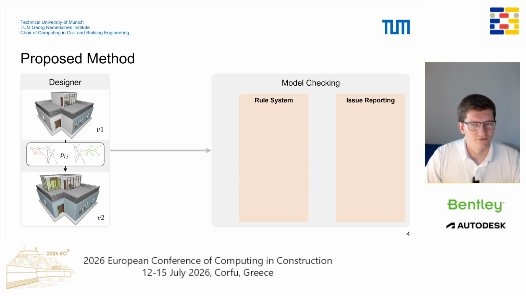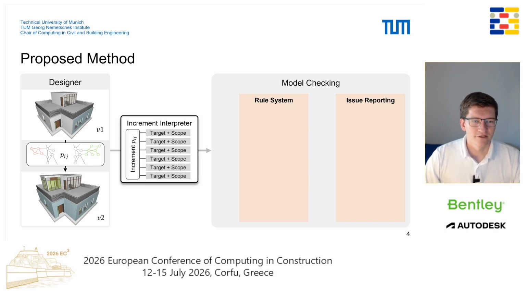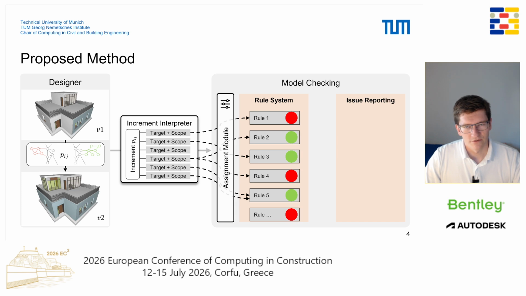Before moving into the model checking system itself, we are introducing a so-called increment interpreter, which takes the raw information given in the increment and enriches it with additional engineering logic, which we'll discuss in more detail on the next slide. With this enriched representation of the version increment, we then go into the model checking, and we have an assignment module which selects exactly those rules that need to be re-executed based on the output that the increment interpreter has given us.